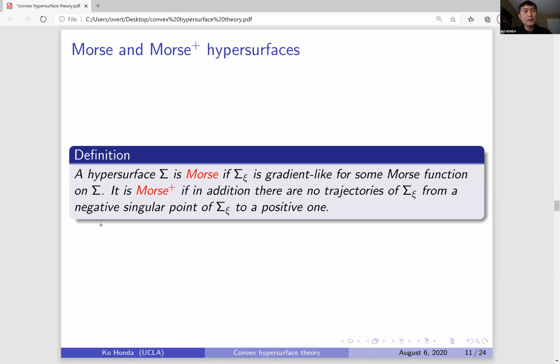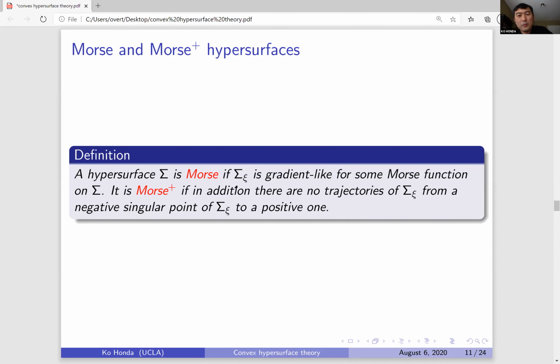Okay, and a hypersurface sigma is said to be Morse if this is gradient-like for some Morse function on sigma. Okay. And it is Morse plus if, in addition, there are no trajectories from a negative singular point to a positive one. So generically, you have Morse and actually Morse plus.